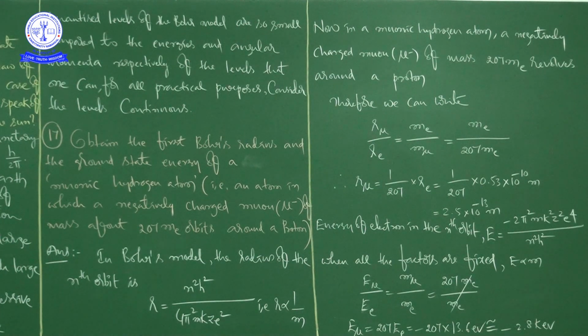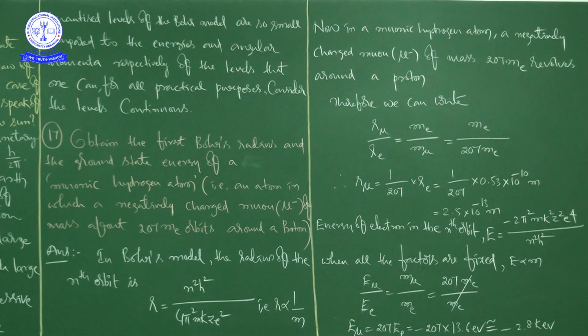Next, in a muonic hydrogen atom, a negatively charged muon of mass 207 m_e revolves around a proton. He didn't give the value; he has simply given the comparison between the mass of the electron and the mass of the muon.